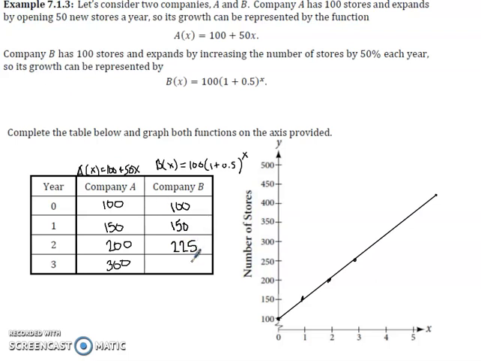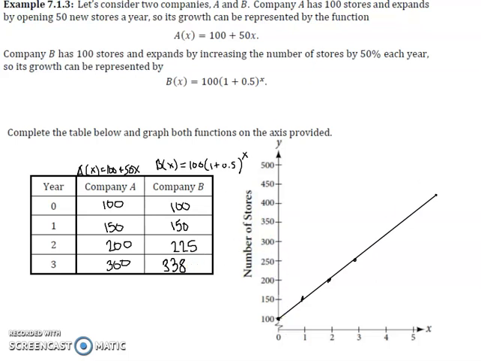And when I plug in a 3 for x, I've got 100 times 1 plus 0.5 to the power of 3, giving me approximately 337.5, which I'm going to round to 338 because it doesn't make sense for us to have half of a store. So I'm going to go ahead and round to 338.